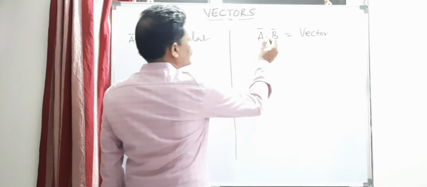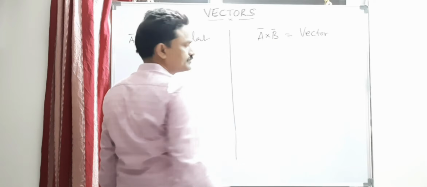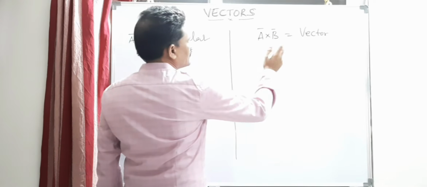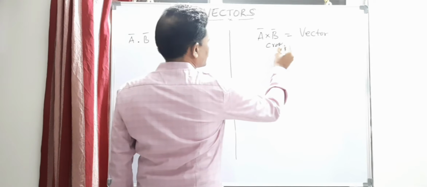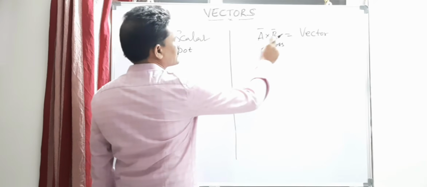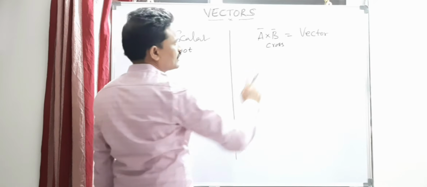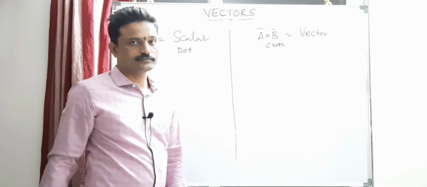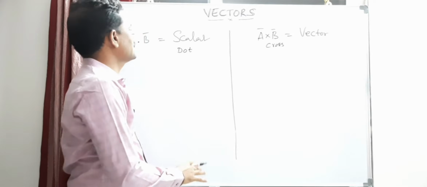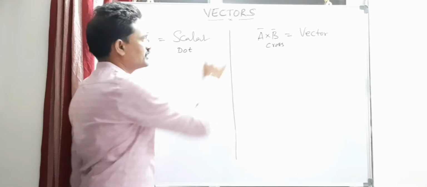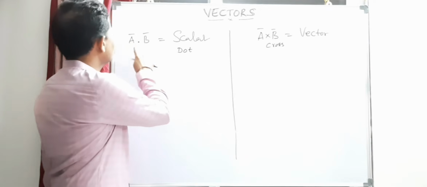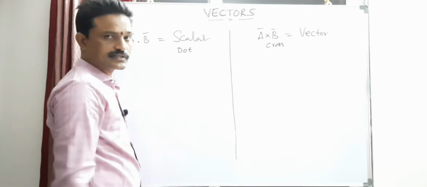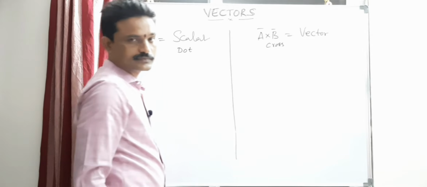Here I have to use another symbol. The symbol is cross. So I say it as cross product of two vectors, or I read A cross B. I also call it as vector product of two vectors. In order to differentiate, I am using two different symbols. The first one is dot, the second one is cross. I think it is clear, right?